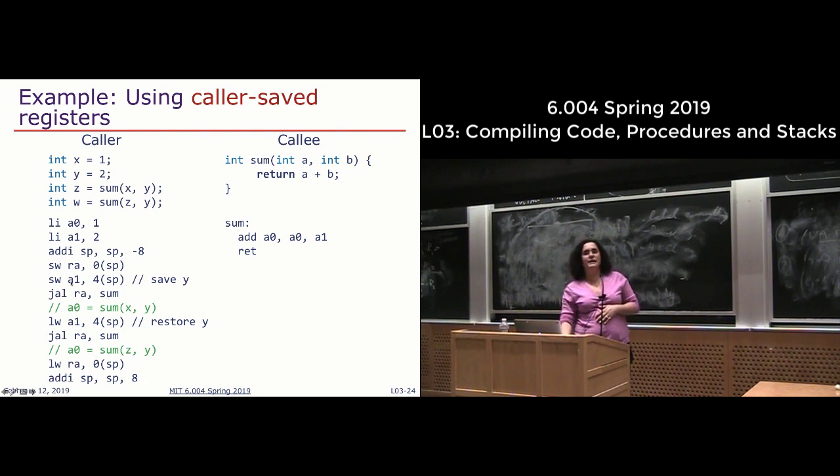It's stored at location 4(SP). When I return from that first call to sum, I can restore my value of Y by simply doing a load from location 4(SP). That ensures that I have the correct value of Y for my second call to sum, okay?